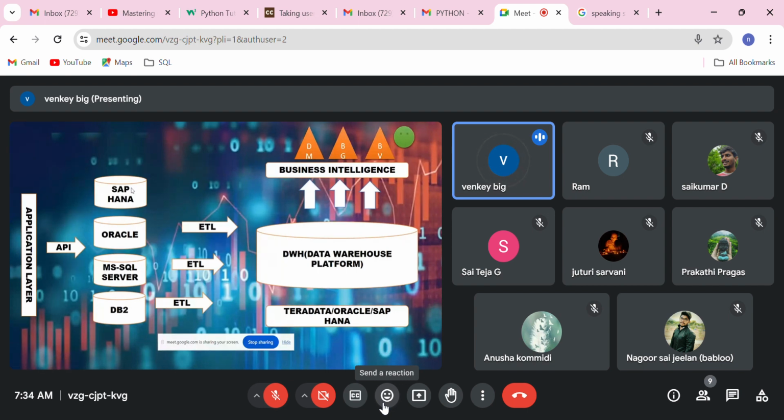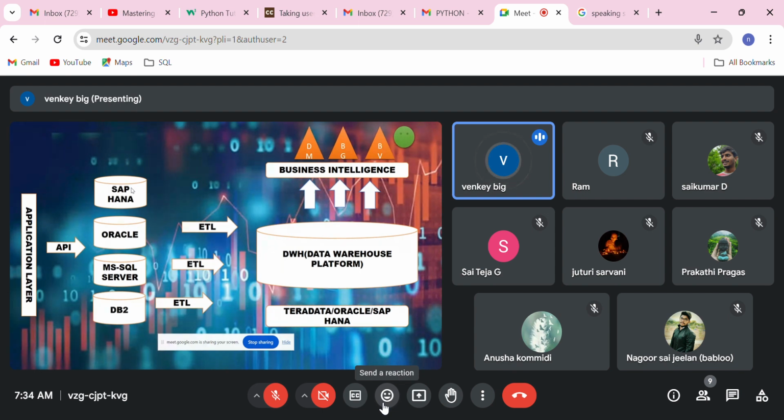The database which is tightly connected to the application layer, we call OLTP, the online transaction processing system.